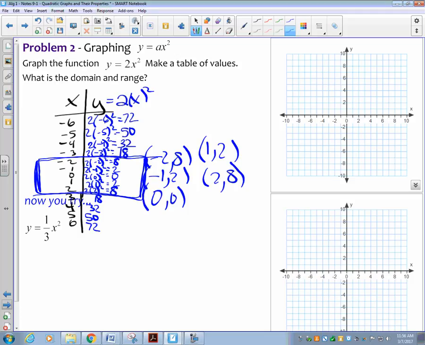So negative 2, 8, negative 1, 2, 0, 0, 1, 2, and 2, 8. This is not only a smiley face, but he is smiley and skinny. Smiley and skinny.